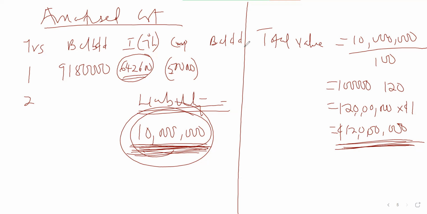What does that mean? It means that the liability will be 10 million. But the shares that we are giving to them is 12 million. The actual amount that we should have received should have been 10 million, but the amount that we are receiving now is 12 million.